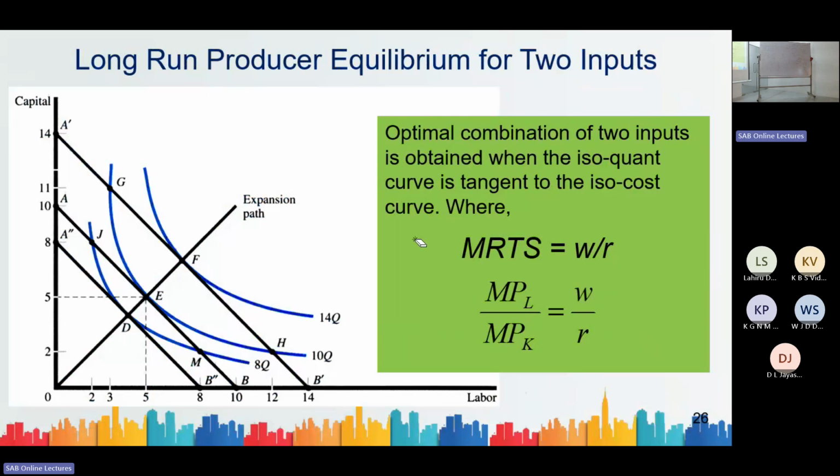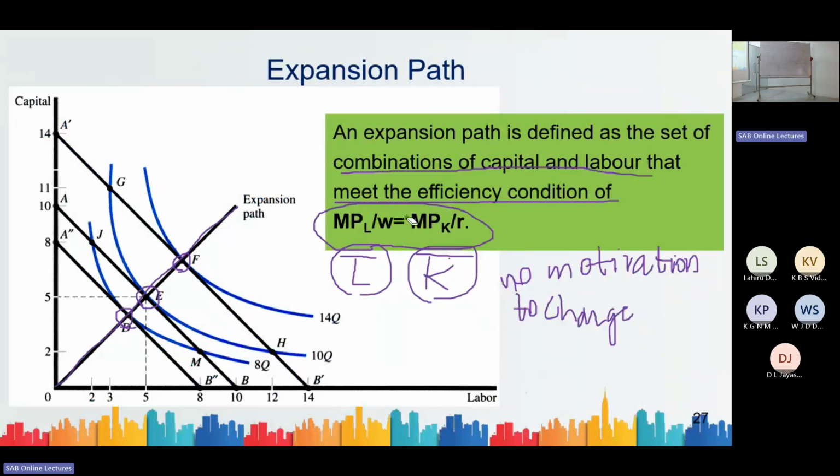And then you should be able to graphically represent the producer equilibrium. Also, you should be able to express it with this expression, MPL over MPK equals W over R, and also with this expression.